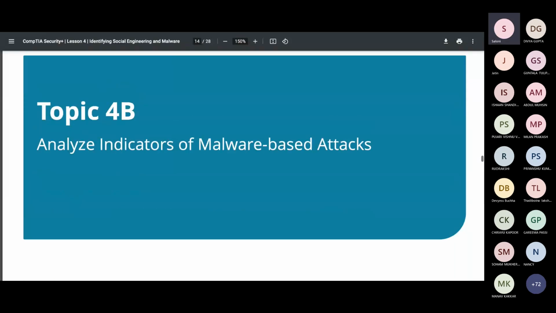Then coming to the topic 4D, we are analyzing indicators of malware based attacks. Malware की full form किस किसको पता है? What is malware?